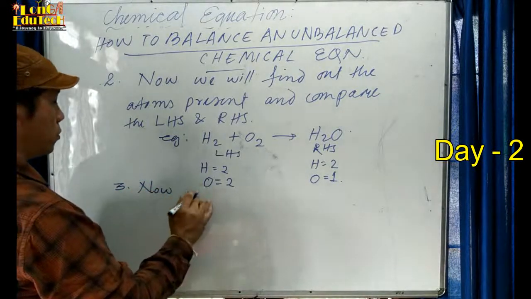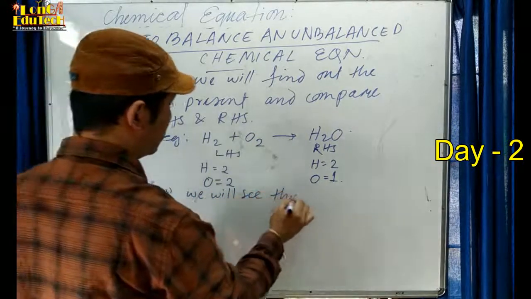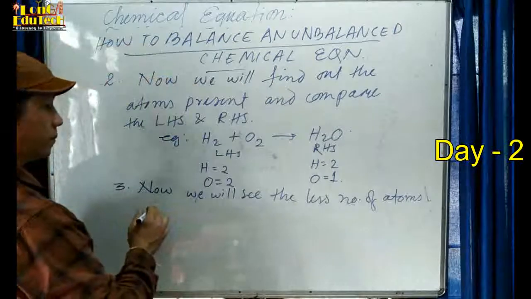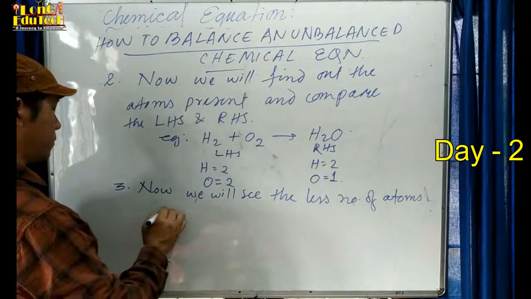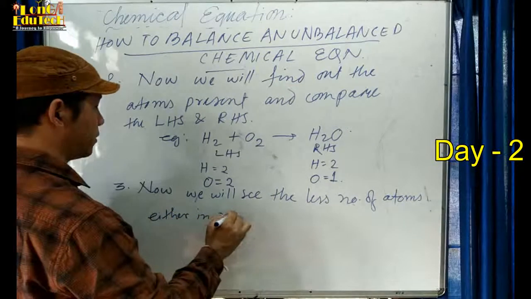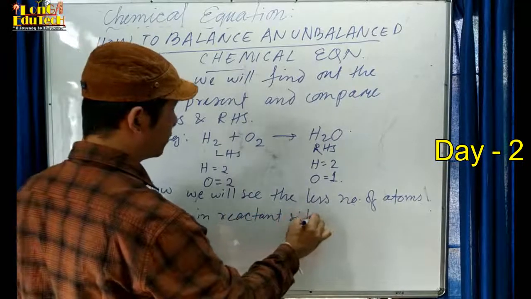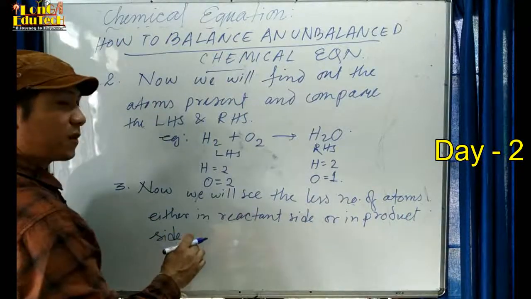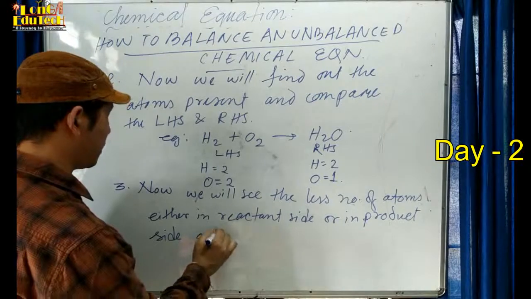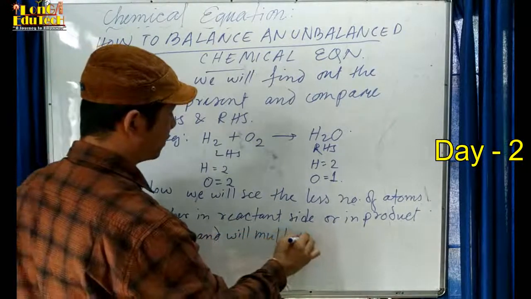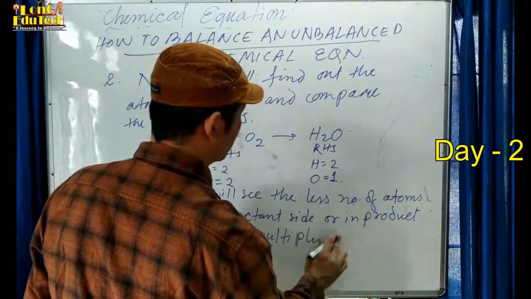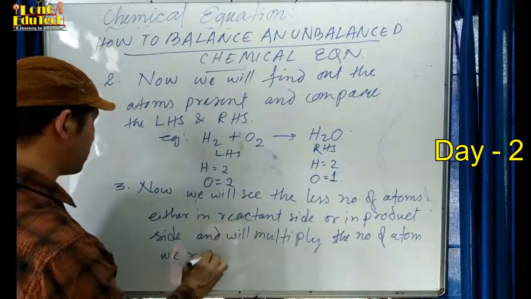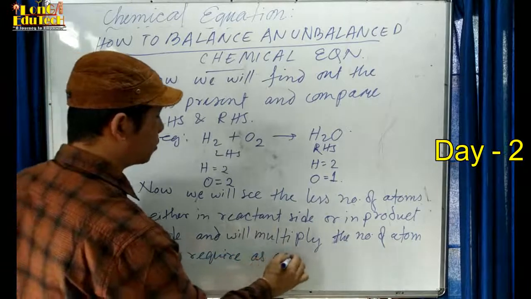Rule number 3: now we will see the lesser number of atoms, either in the reactant side or in the product side, and we will multiply the number of atoms we require as coefficients.